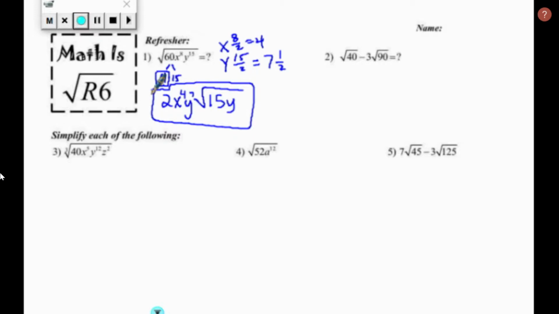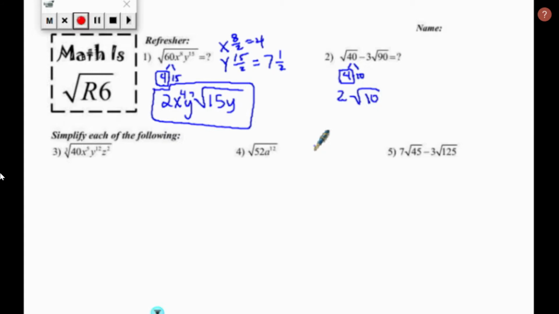So the square root of 40 is going to break down into 4 times 10, take out the 2 that makes up this 4, so I'm going to have 2 root 10. My goal here is I want this second one, the 3 times the square root of 90, I want the inside to be a 10, because when I broke down 40 I have 10 left over on the inside of my radical, so I want to do the same thing for the other one.